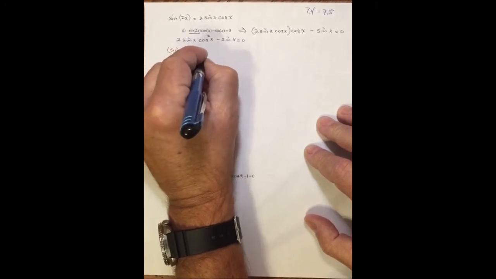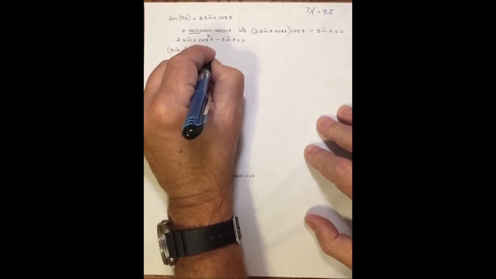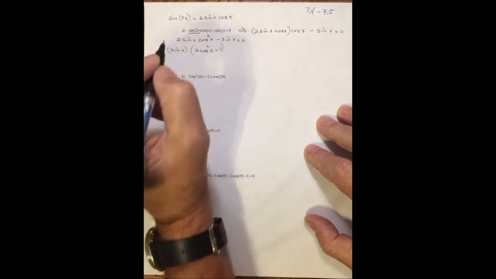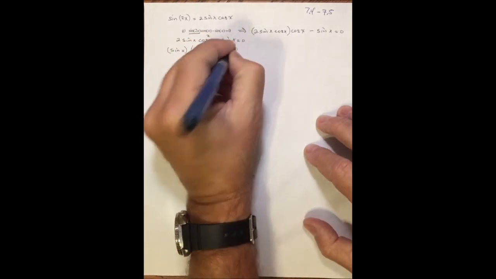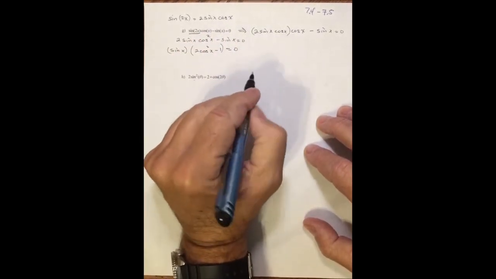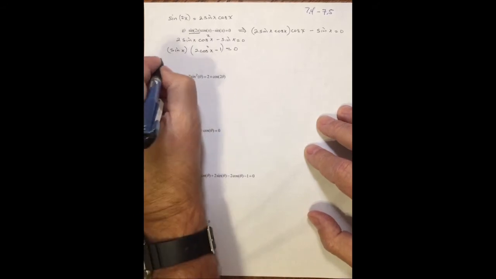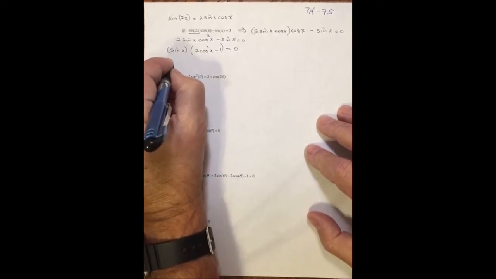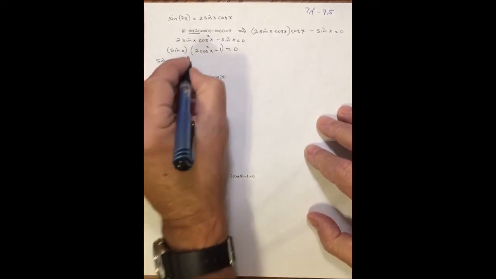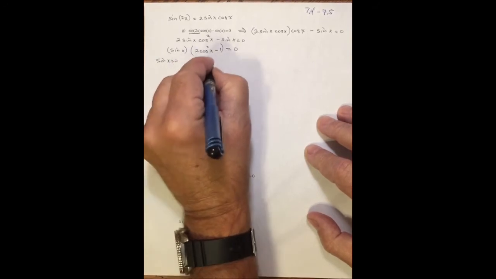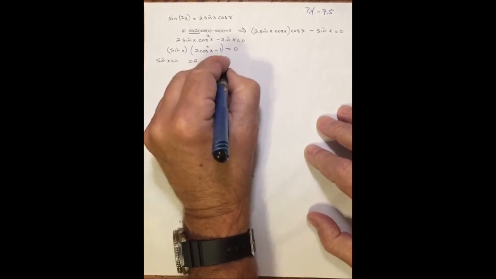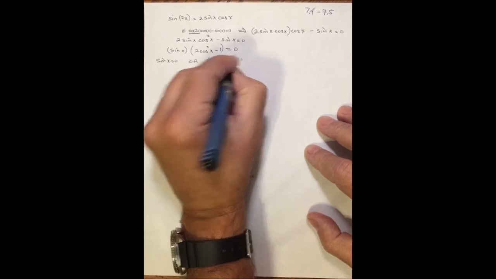That leaves 2 cosine squared x minus 1. And all of that is equal to 0. Don't forget the equals 0. So now that means I have the sine of x equals 0. We saw that in a previous problem. Or 2 cosine squared x minus 1 is 0.